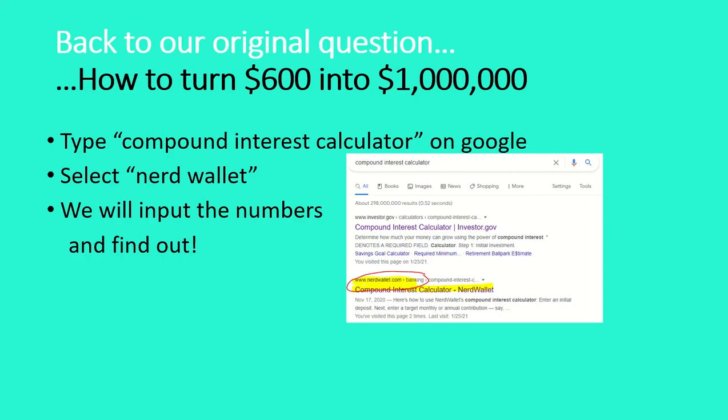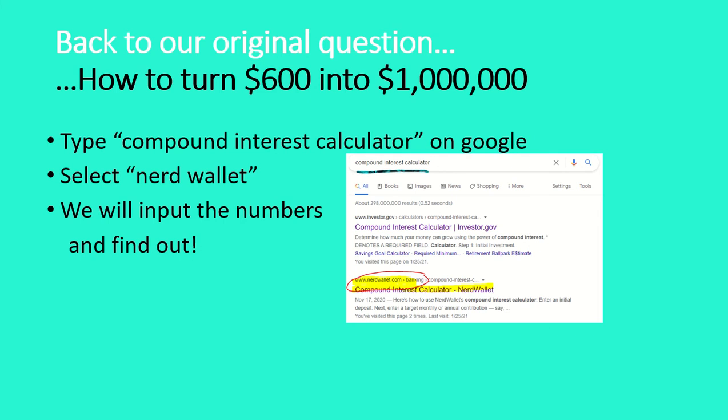I told you we'd answer this question: how to turn $600 into $1,000,000. Open up another tab on your computer, follow these instructions, and we'll calculate this. Type in Google, type compound interest calculator. I think the first or one of the first or second results you'll get is nerdwallet.com. So click on that.